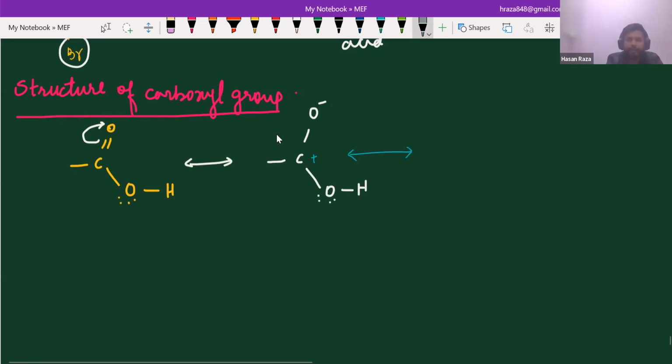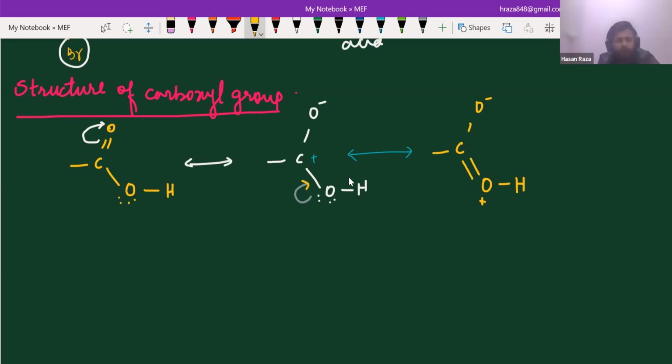And again, you can see this will move to this, and then this will be negative, this is free, and now this is double bond O, and then positive. There will be positive since oxygen gave the electron. So this will be the situation, and you can see that there will be resonance like this. Again, this will move to this, and this will move to this, and in this way, carboxyl group stabilizes itself with the help of resonance.